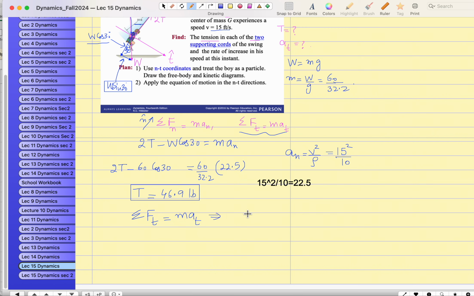So W sine 30, which is 60 times sine 30, equals mass, 60 divided by 32.2, times acceleration t, which is unknown. If you do the math, you should get 16.1 feet per second squared. This is your answer.